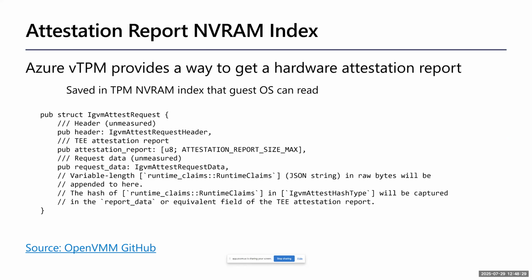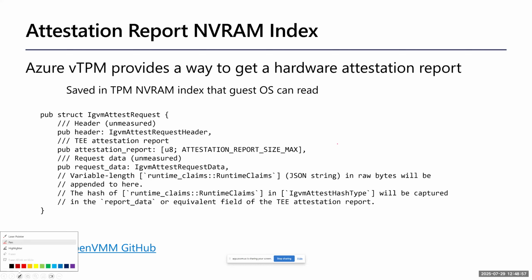One of the features that OpenHCL provides in its VTPM implementation is a way for guest software to access a hardware attestation report. Essentially what we do is get a report and then save it into a TPM NVRAM index that the guest can just read. What I put here is a snippet of the OpenVMM code with a link to it on GitHub that has the structure of this report.